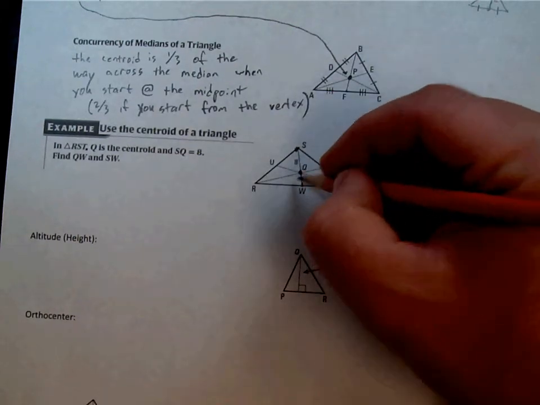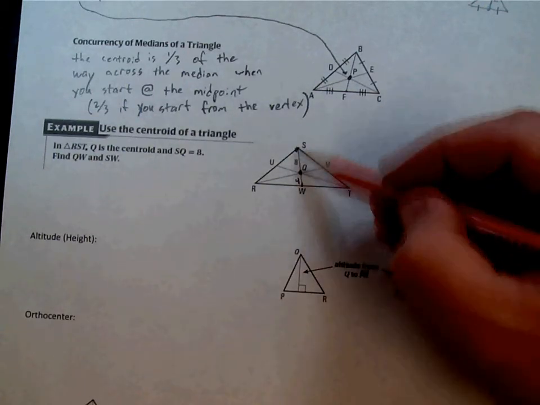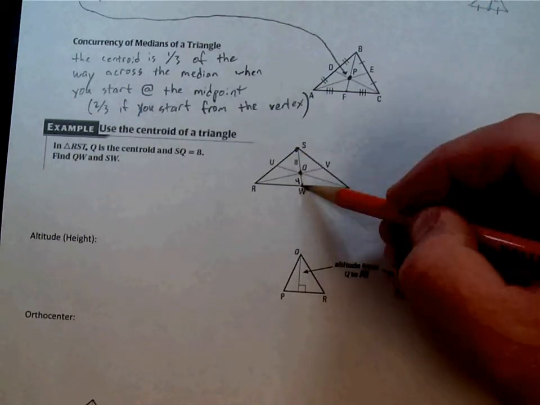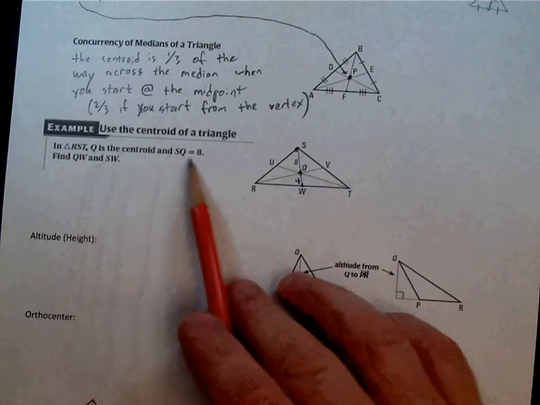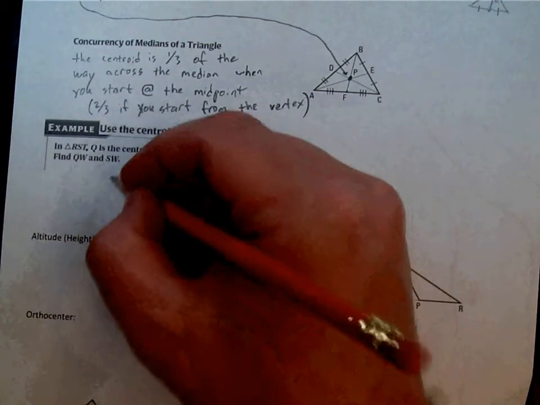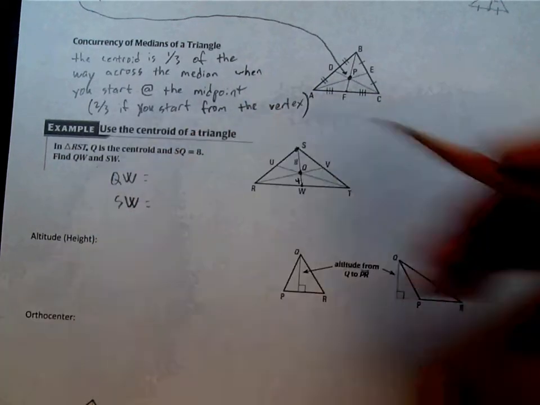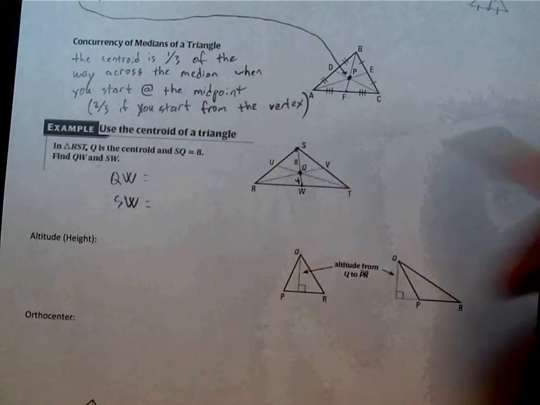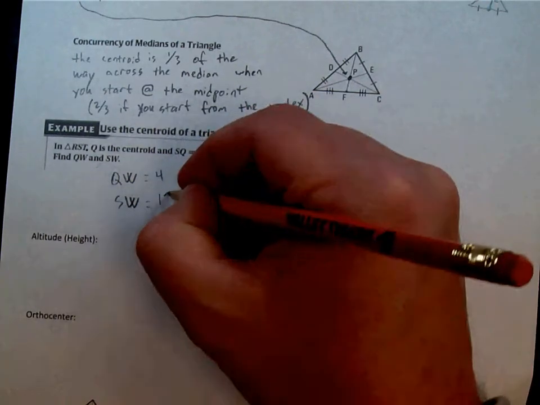If this is 8, you can cut 8 in half and you get 4. And if you add the whole thing together, 4 plus 8, the whole thing is 12. What's 1/3 of 12? 4 is. So 2/3 is 8. They want us to find QW and SW. For QW, we just cut the 8 in half, so we got 4. SW is all the way across: 8 plus 4 is 12.